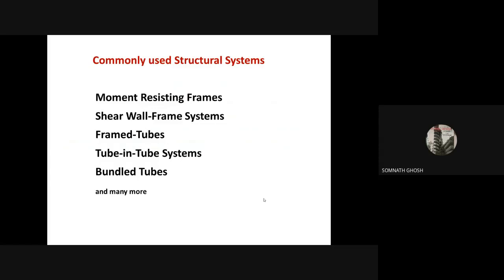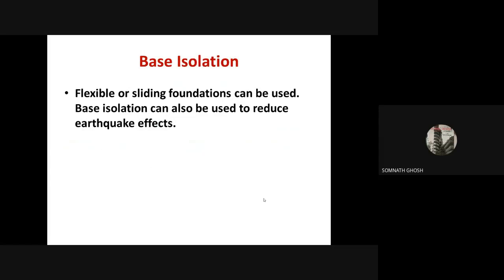But if you are aware of these things, and if you know the requirement of the client, and if you have a very good understanding of wind and earthquake effects, probably your choice will be the best. Now, base isolation is not that popular in India, but flexible or sliding foundation can be used.